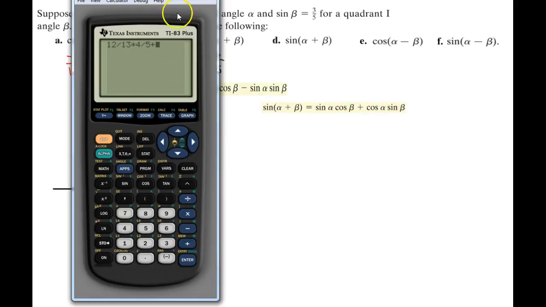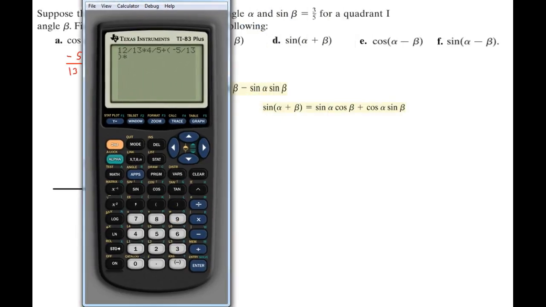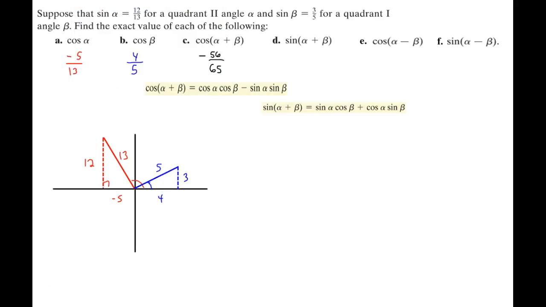And now it's cosine alpha, which was the negative 5/13, times the sine of beta, which was the 3/5. All right, hit enter. That's a decimal, change it to a fraction. So positive 33/65.